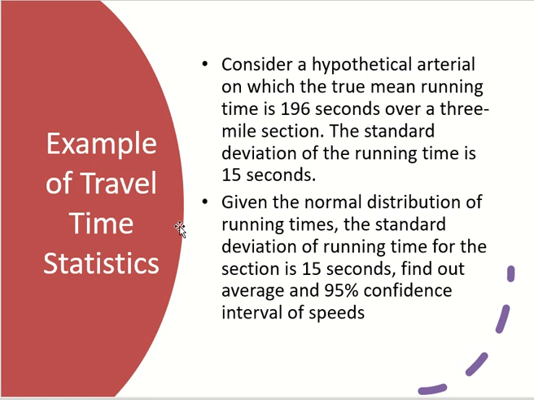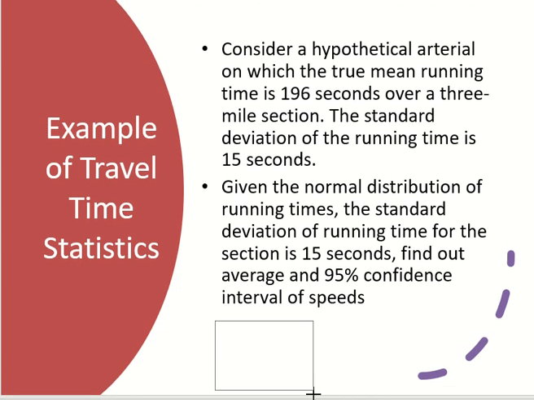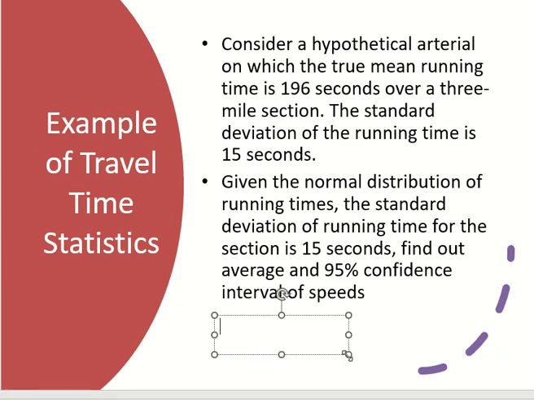So first of all, how do I find out the average speed? Distance over time. Do I have time? 196. And do I have distance? 3 miles, it's given. Since it's in miles, it's better to keep the time in hours as well. So it will be 3 upon 196.